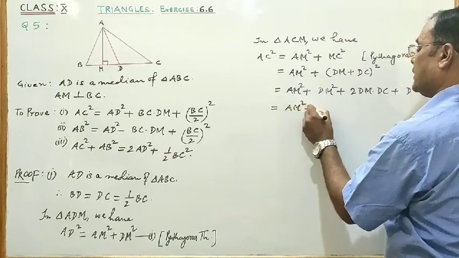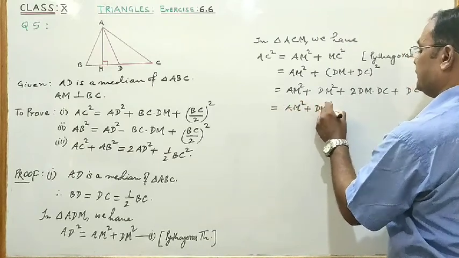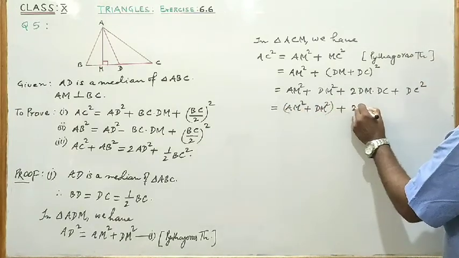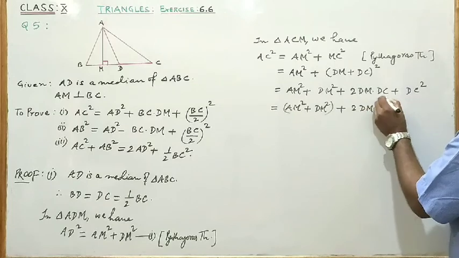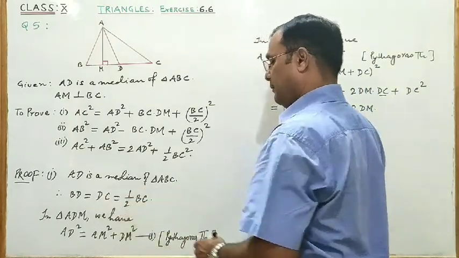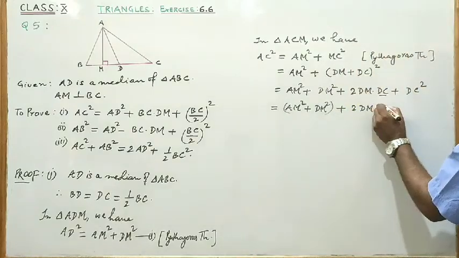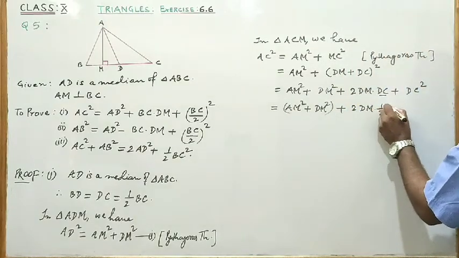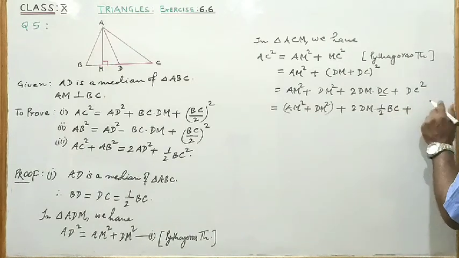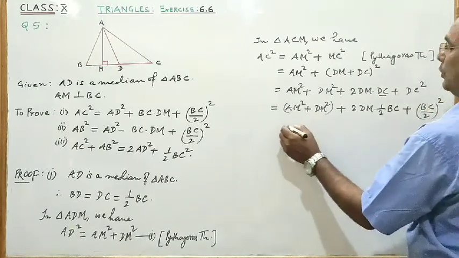AM square plus DM square plus 2DM into DC, and DC is equal to half BC. So let us put DC is equal to half BC here, and here also DC equal to half BC whole square.